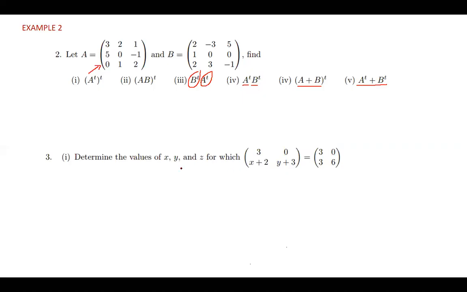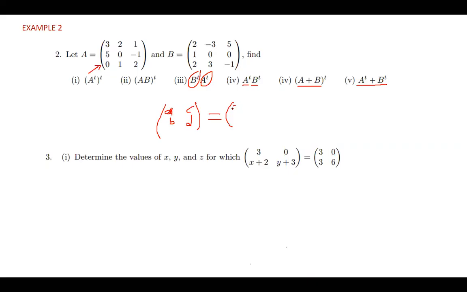So let us now look at this one. This question was just testing us on equal matrices. When 2 matrices are equal, they should have all the entries in them the same. So if you have A, B, C, D as your first matrix here, the equal matrix to this matrix is just the same matrix again.